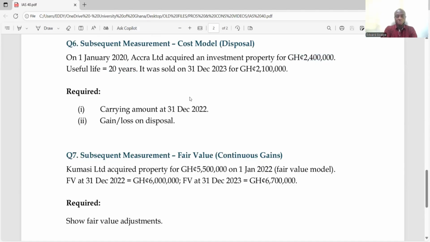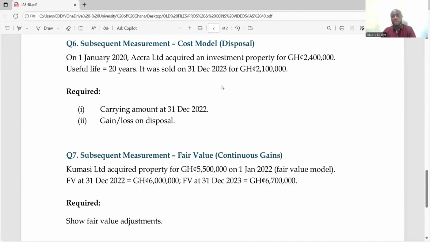So they said we have to calculate the carrying amount as at 2022, after the first 2 years. Then when we finish, we will calculate depreciation again for 2023, because the asset had been used from 2022 to the end of 2023.